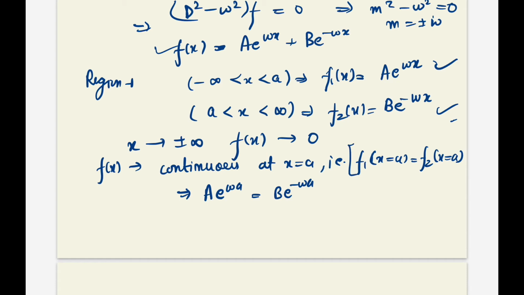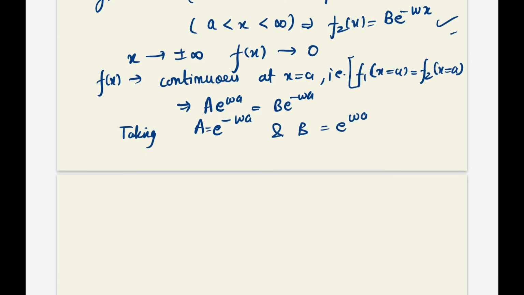Now, taking a to be e to the power minus omega a and b to be e to the power omega a, the above equation is satisfied.